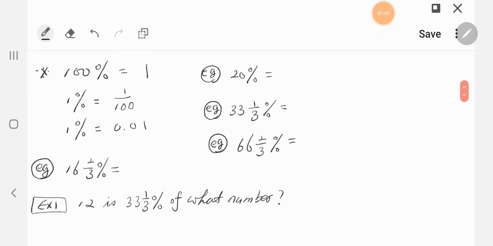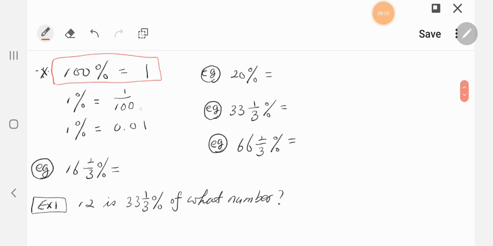Okay, let's review the percent: converting percent into decimal and decimal into percent. This is a really important concept. 100% is equal to the decimal 1. So 100% means 100 out of 100, so that is 1. 1% means 1 out of 100, right?